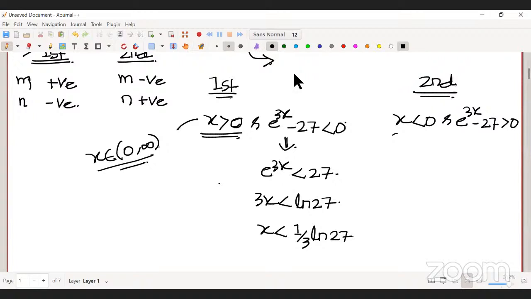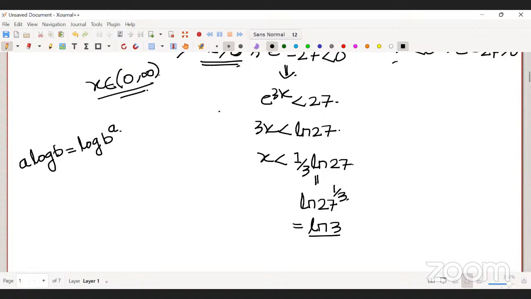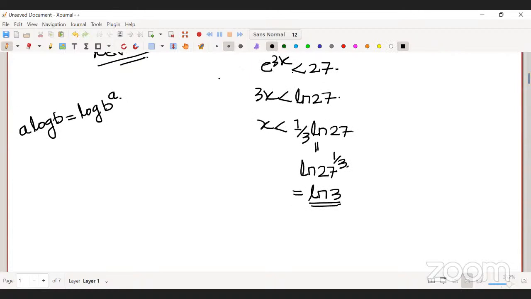You have a rule for logarithms: a log b is nothing but log b to the power a, right? So it's ln 27 power 1 by 3, which is nothing but ln 3 cubed, that is equal to ln 3. So here I'm getting x less than ln 3.